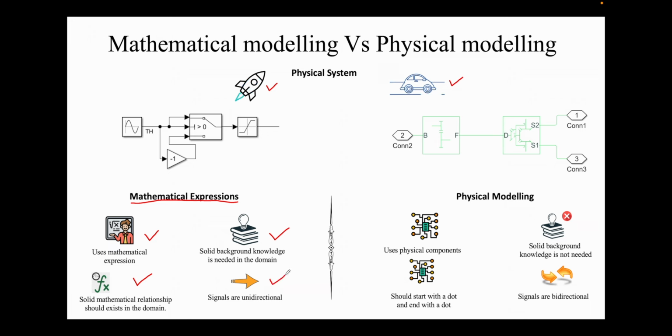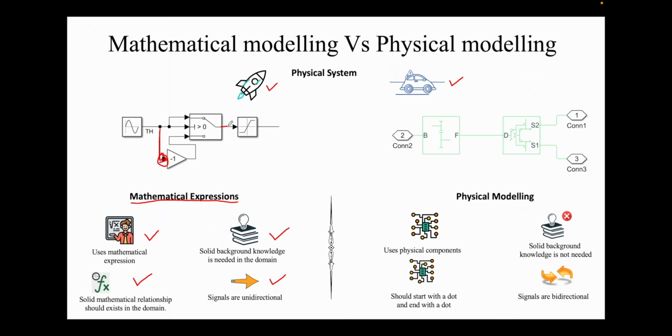Next, the signals that you will be using in mathematical modeling will mostly be Simulink signals, and those signals are mostly unidirectional. The signal travels from one direction to another, like from one state to another state. It will flow in this direction only, not in both directions.